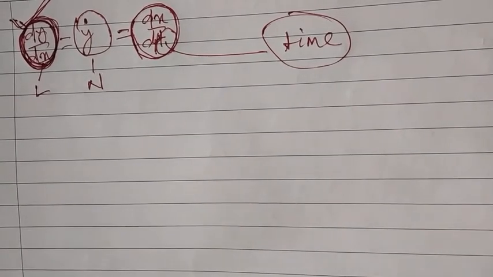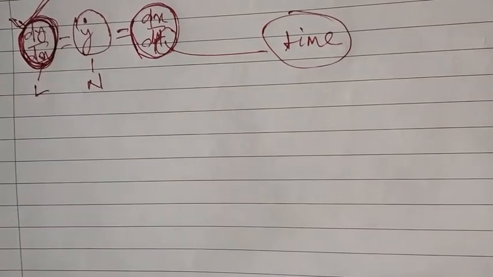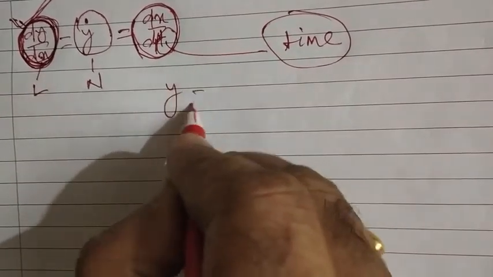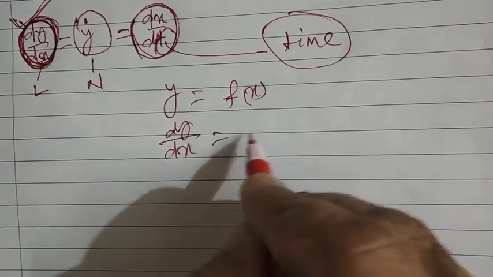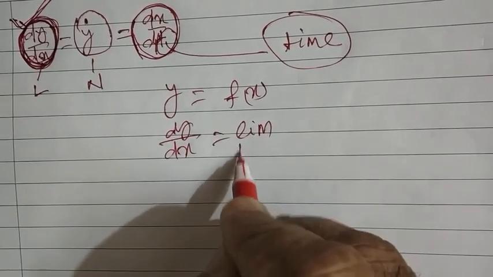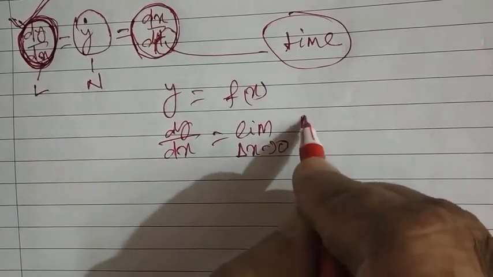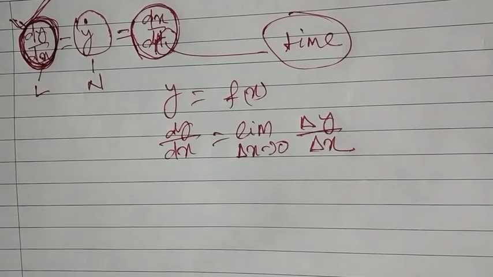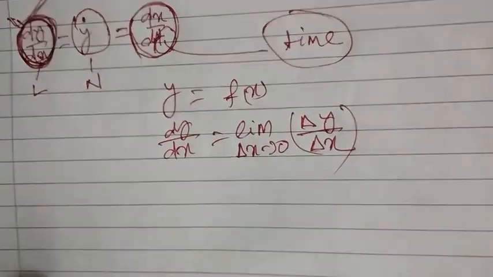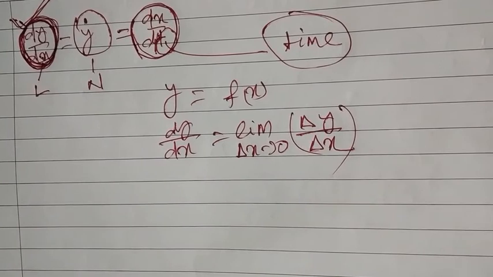But what was Leibniz doing? Leibniz was writing y equal to f of x, and dy by dx is nothing but the limit as delta x tends to 0 of delta y by delta x. Okay, what is the difference between these two notations, these two thoughts?